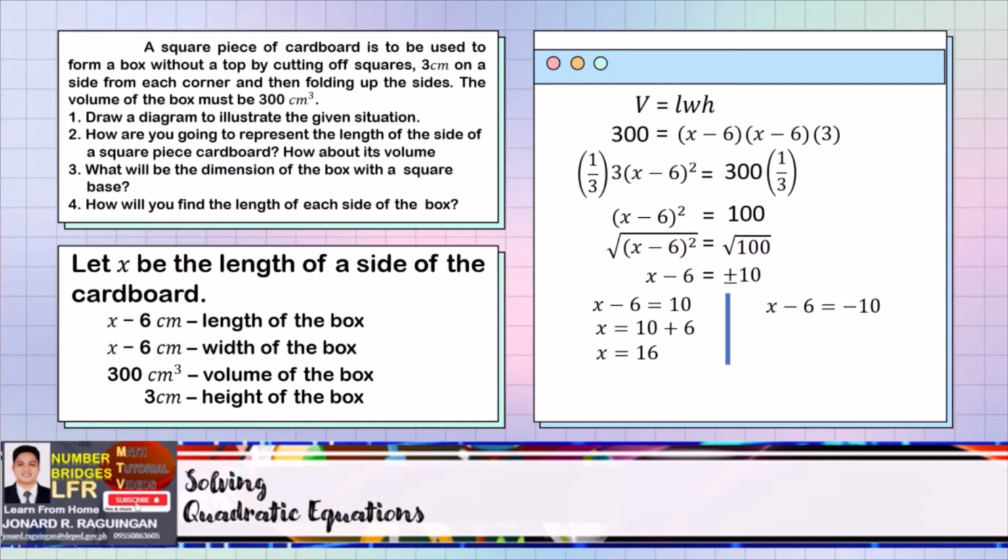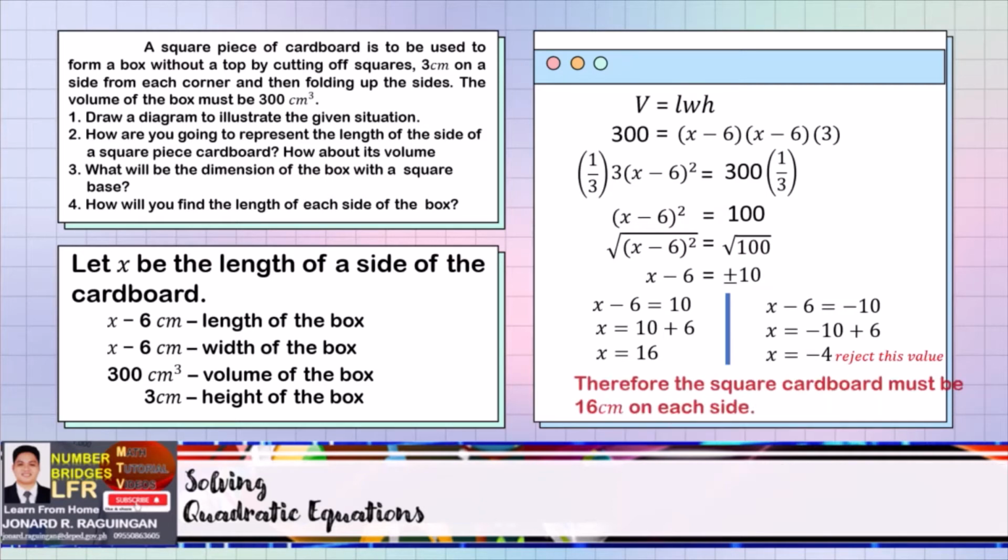We have x is equal to negative 10 plus 6. Simplify the expression, negative 10 plus 6 is equal to negative 4. But we reject this value. Therefore, the square cardboard must be 16 centimeters on each side.